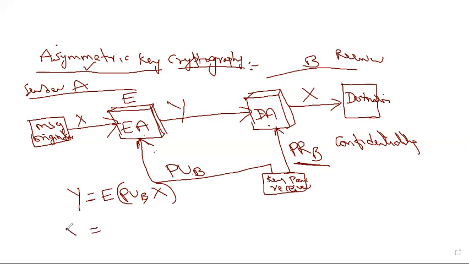That decryption is used for restoring the original message X. That decryption algorithm is D. Then he decrypts the ciphertext and restores the original message by using his own private key, right? So symbolically, we can write encryption and decryption like this. So this is the one scenario, which produces confidentiality only.